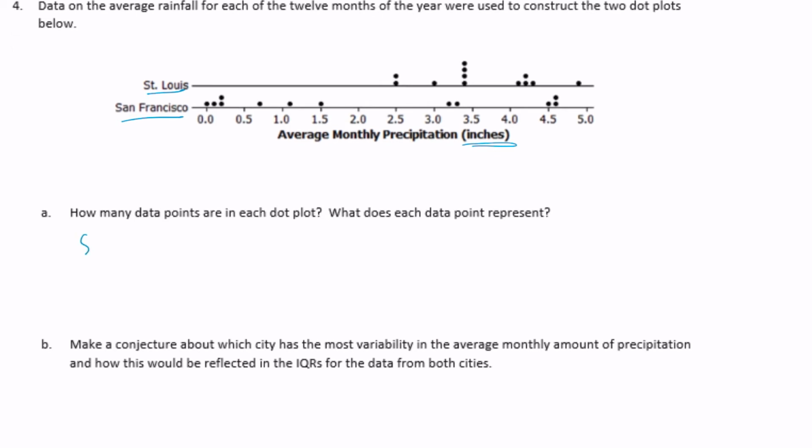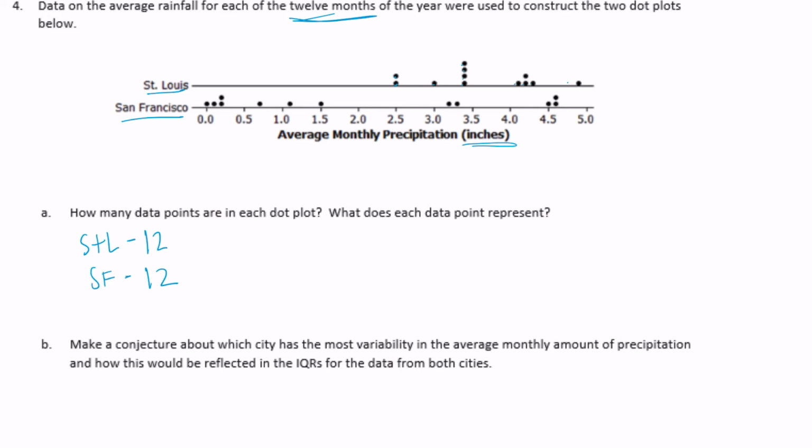So let's start with St. Louis. St. Louis and San Francisco. Let's count up St. Louis. We've got 1, 2, 3, 4, 5, 6, 7, 8, 9, 10, 11, 12. Which, now that I reread it, there should be 12 because we're talking 12 months, right? 12 months of the year. So what does each dot point represent?